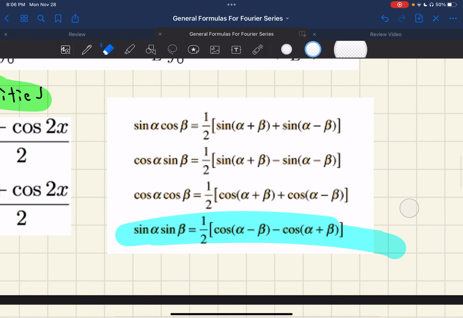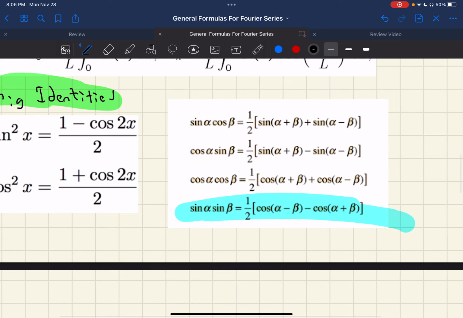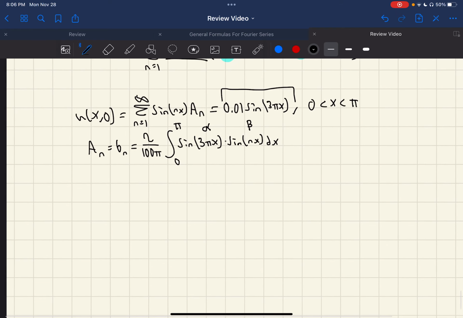I'm not going to focus on the cosine one, but on the sine one, where the product of two sine functions is equal to 1/2, and then in parentheses you have cosine of alpha minus beta minus cosine of alpha plus beta. So in this case, we have alpha is 3 pi x, beta is nx.